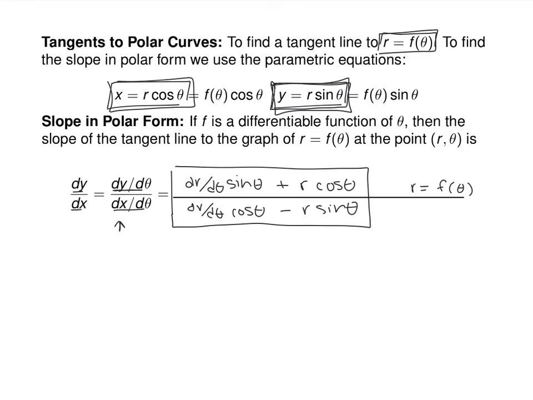So, for example, in the previous example, we had r equals 1 plus 2 cosine of 2 theta. To find the slope of the tangent line, you'd insert this r wherever there's an r, and insert its derivative wherever there's a dr d theta. The reason the sine and cosine are there is because that's the relationship between these two systems.